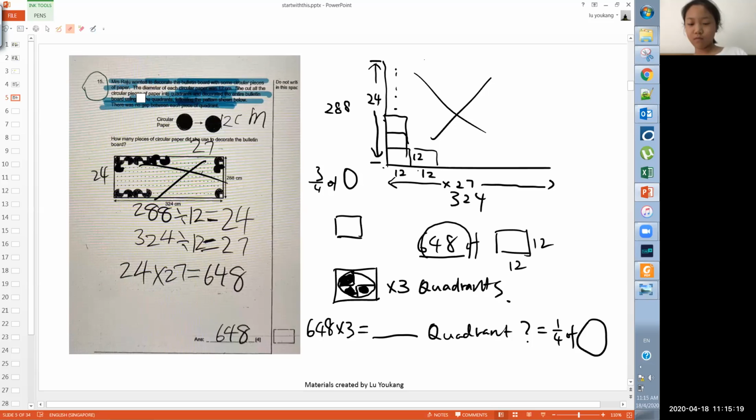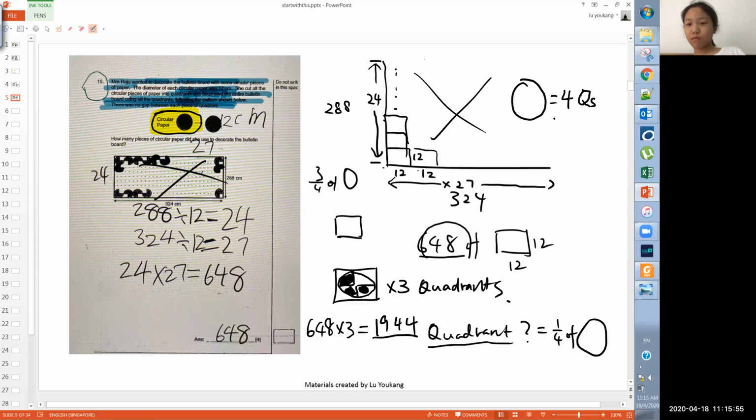1944. Let me double check the answer. 648 times 3 is 1944 quadrants, right? So this is the circular paper. What it means is one circular paper, you can have 4 quadrants, right?